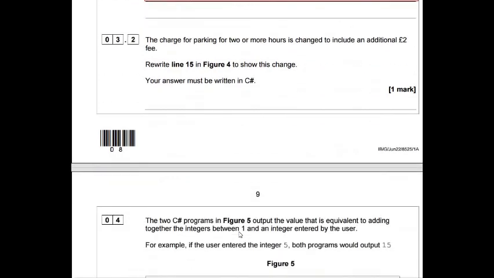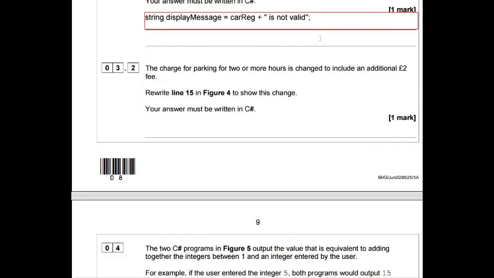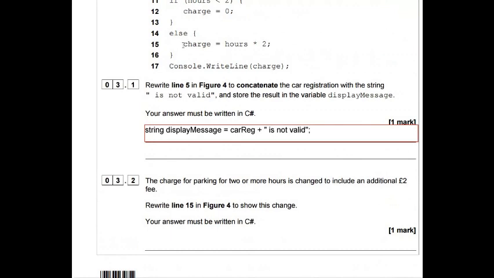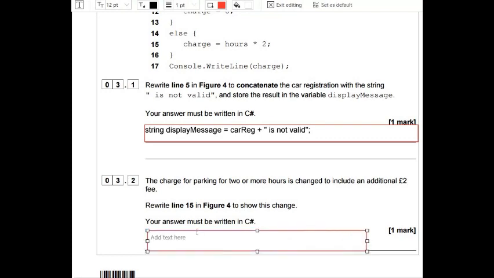Okay, let's get on to part 2 of question 3. Charge for 2 or more hours is changed to include an additional £2 fee. So we have to rewrite line 15 in figure 4. So instead of having charge equals hours times 2, you can have one of two options.